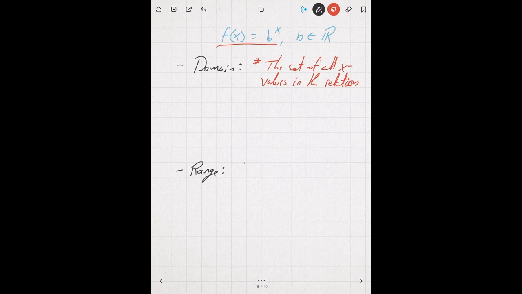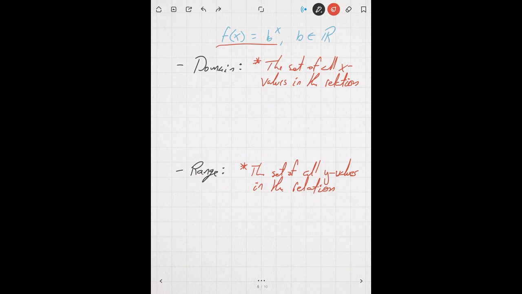And the range is the set of all y values in the relation. So as I look at all of the individual coordinate points, if I had a list of all the x values, that's the domain, and if I had a list of all the y values in every coordinate point, that would be the range.